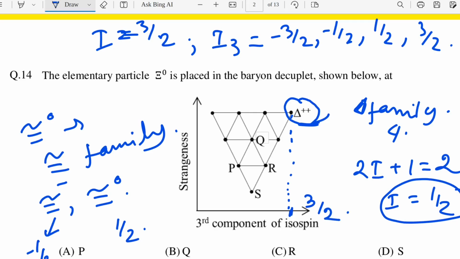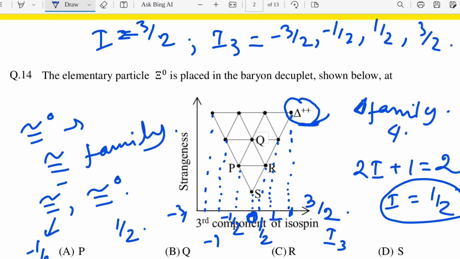And as I told you, I3 changes in steps of 1, that means it will be like 3 by 2, then this is plus half, this is minus half, and this is minus 3 by 2. Like that it will come, with the other row being minus 1, 0, and minus 1.